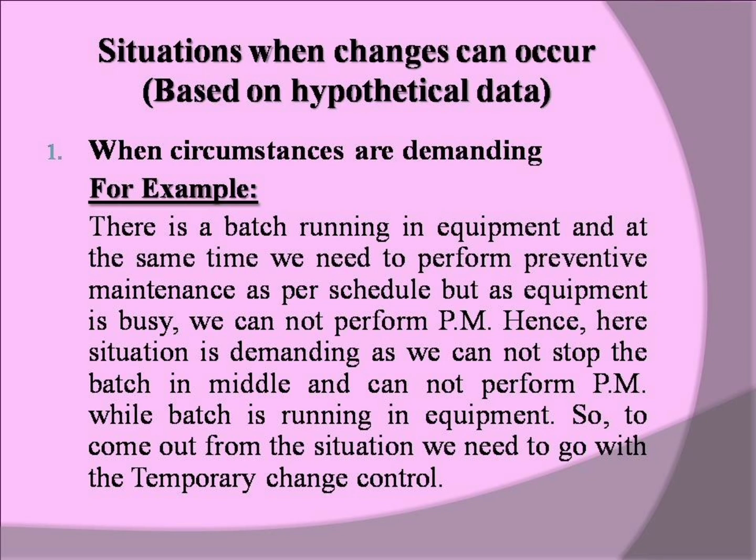But as the equipment is busy, we cannot perform preventive maintenance. Here the situation is demanding, as we cannot stop the batch in the middle and we cannot perform preventive maintenance while the batch is running in the equipment. So to come out of this kind of situation, we need to go with a temporary change control. This is the best example for temporary change control.